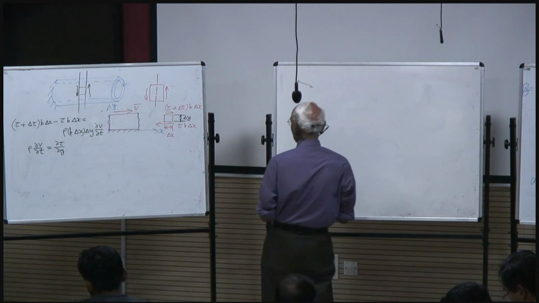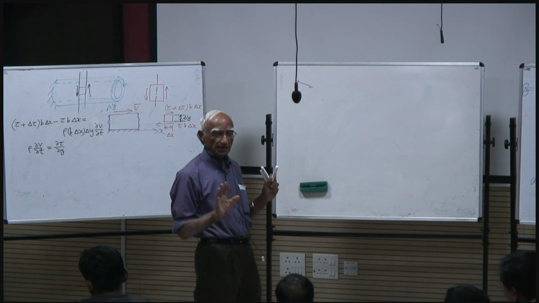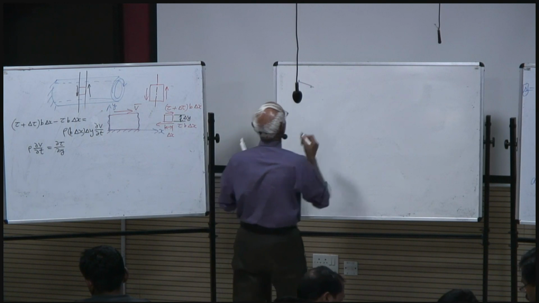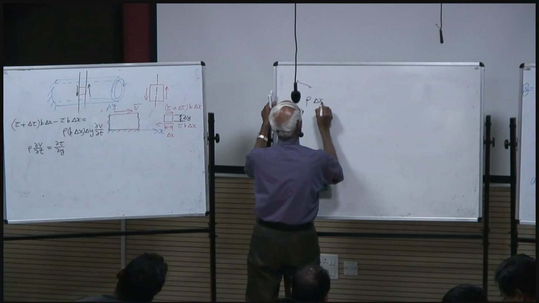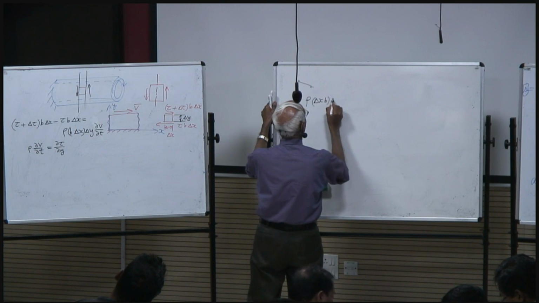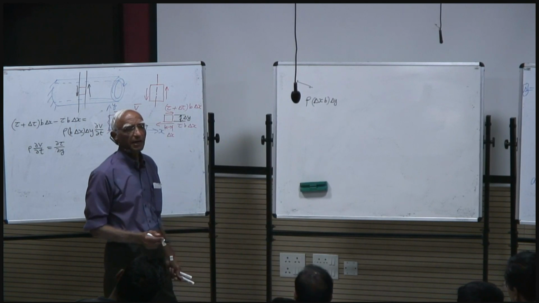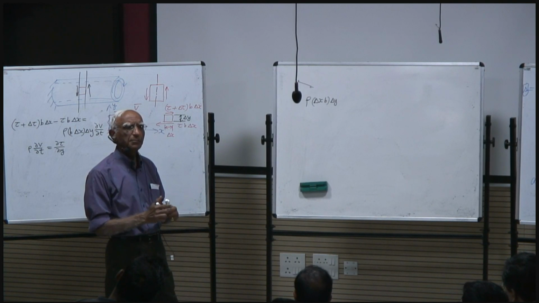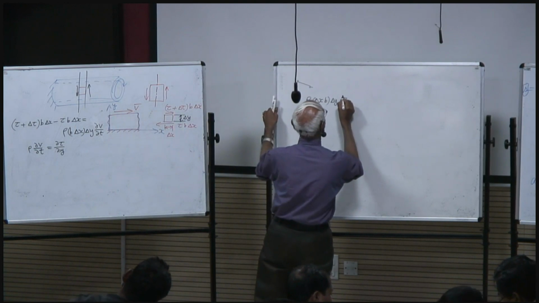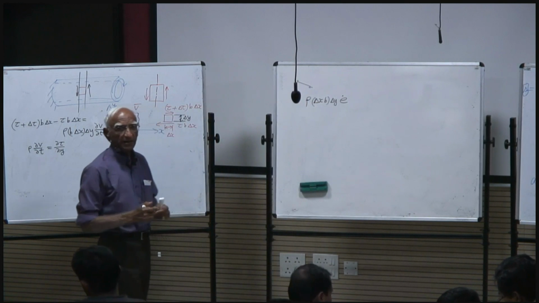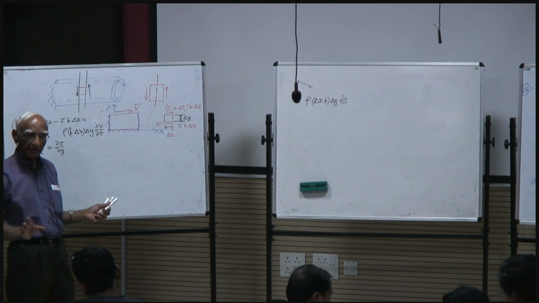If E is the specific internal energy, then rho times delta x b times delta y is the mass, and rho is the mass density. I said specific means internal energy per unit mass. So E dot, the rate of change of internal energy, multiplied by the mass, is the total rate of change of internal energy.